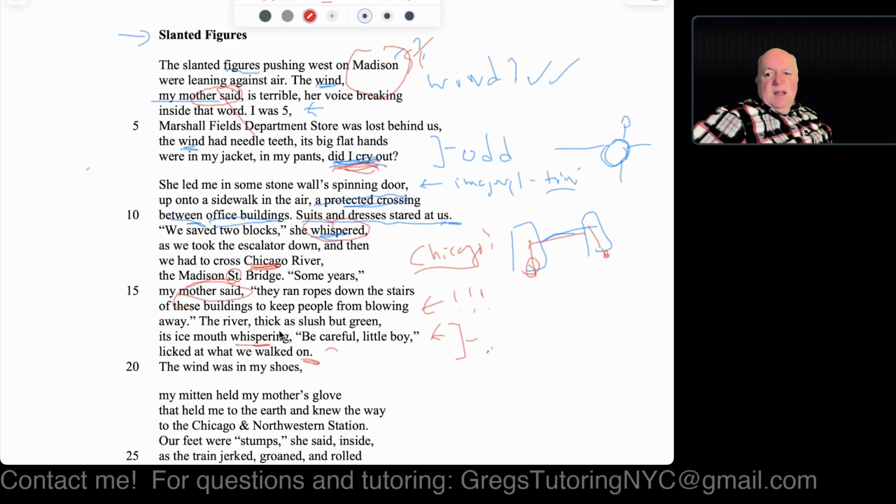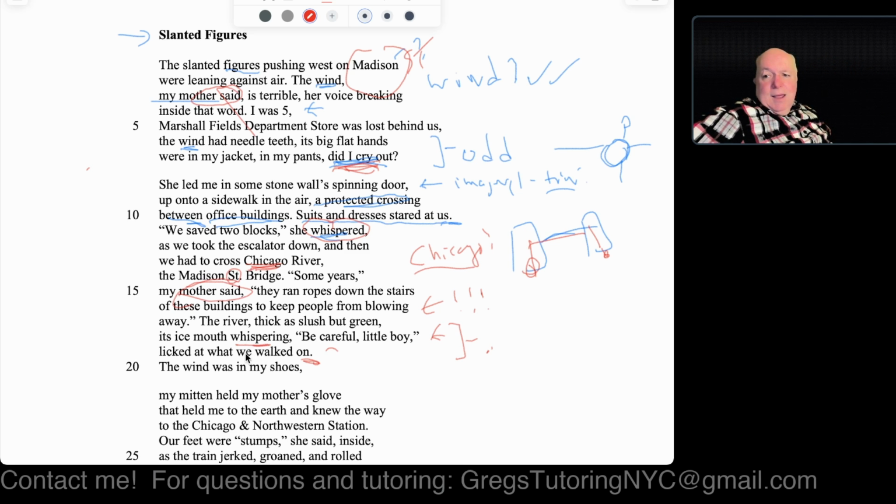Not only did it whisper something to the boy, which, by the way, the mother is whispering too, so it's interesting that the author gets that parallel there. Like, if the mother's calm and good, the river's going to be nice. "Be careful, little boy. You're going to fall and break your head." So where the mother might be calming, the river might be like, what the heck, right?